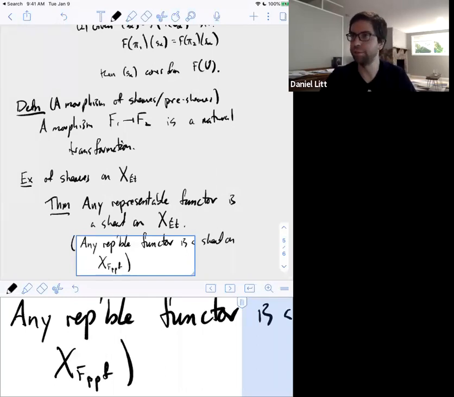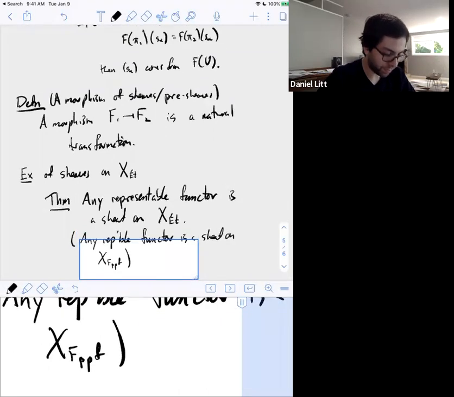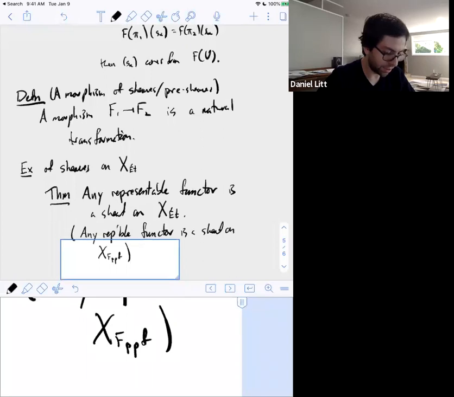I think I only defined the small Fppf site, but let me say the definition. So the category is all X schemes, and the covers are Fppf covers, meaning a bunch of maps which are flat and of finite presentation, jointly surjective. And flat and finite presentation is crucial.